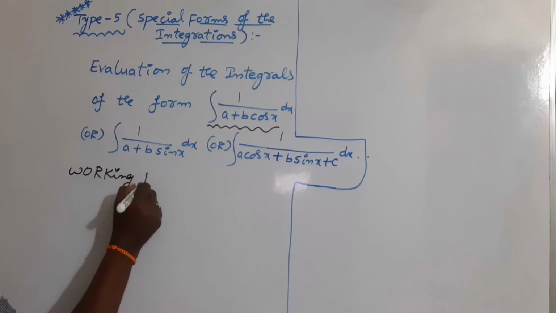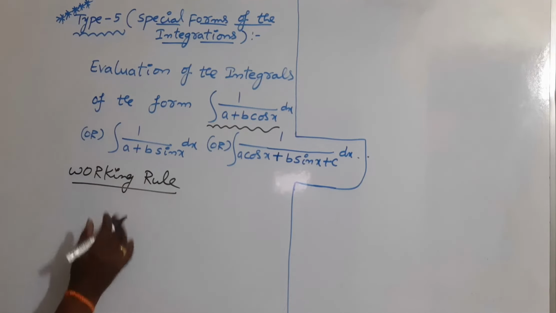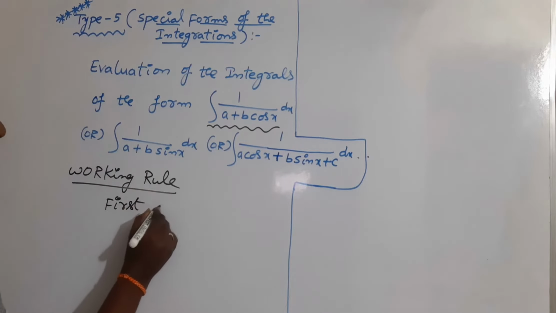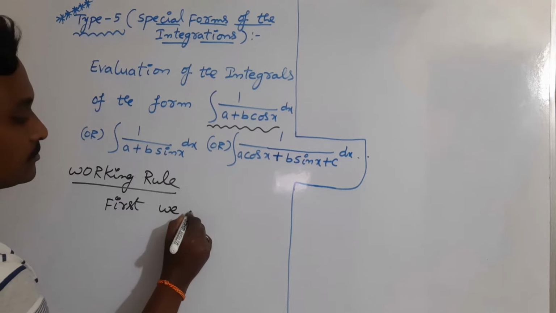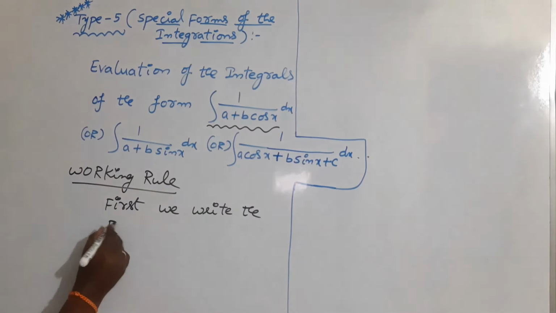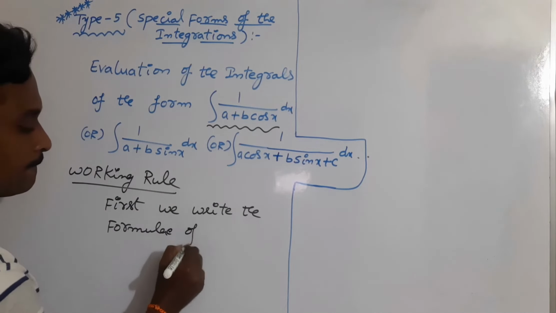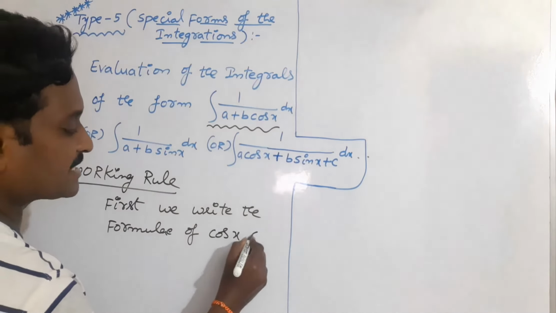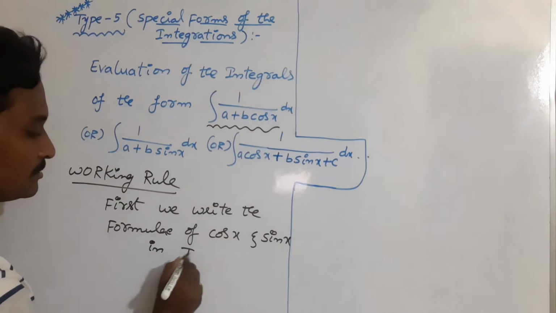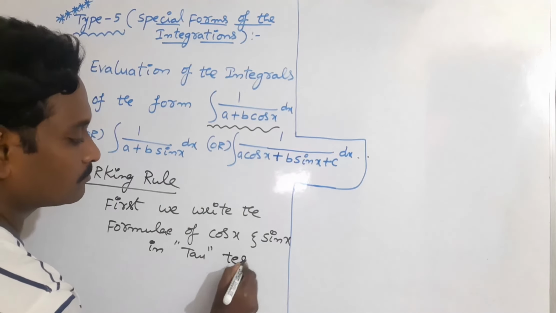Working rule of solving this type of problems. First of all, we should write the formula of cos x and sin x in tan terms.